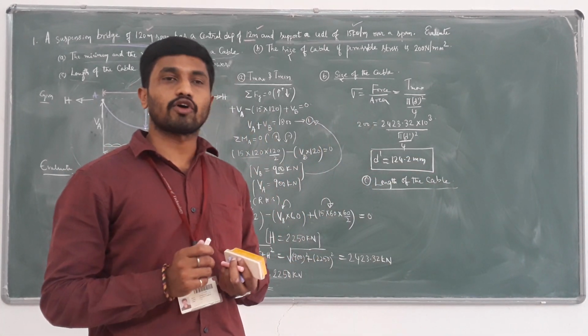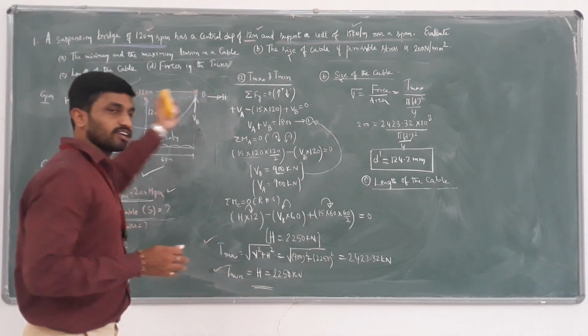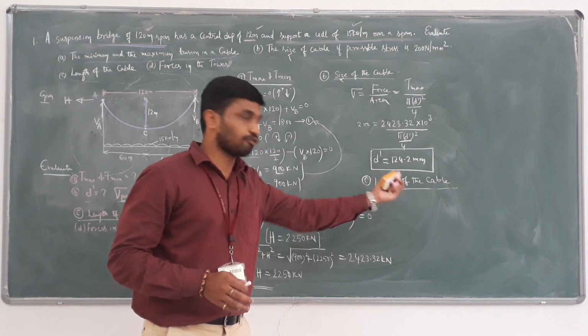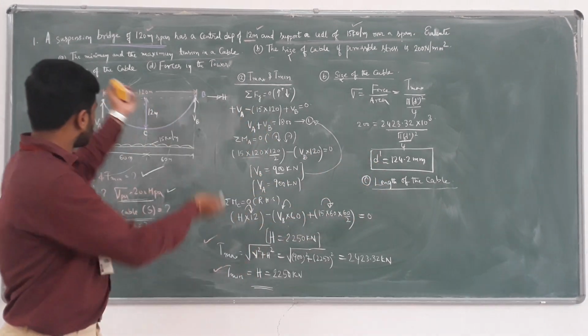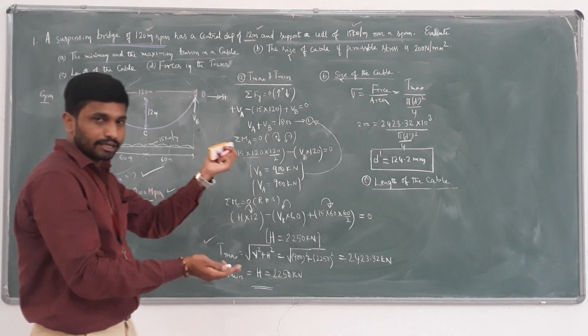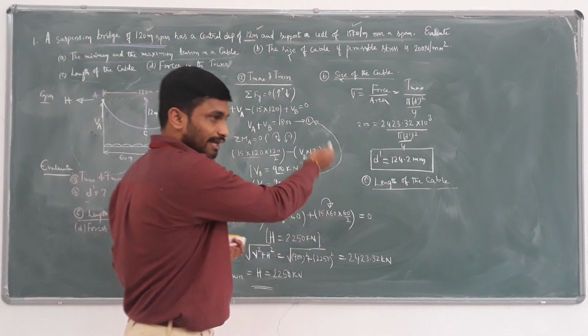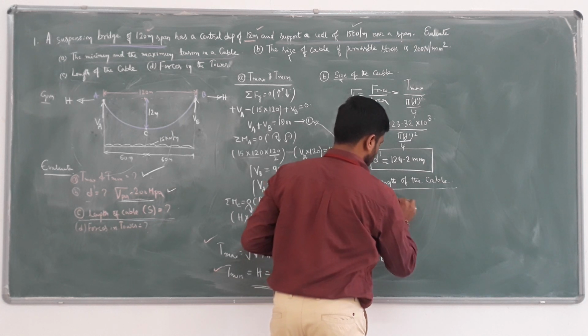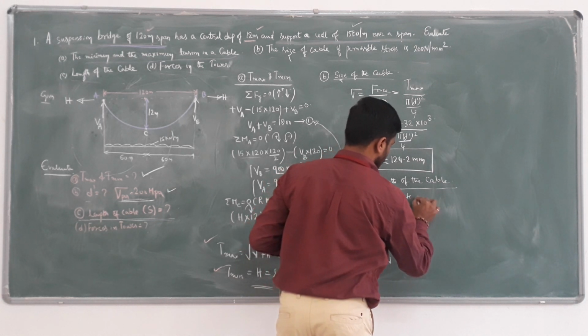In the previous class I also discussed supports at the same level. What is the equation of S to compute the length of the cable? If the supports are at different levels, we have a different equation. So this is for the length with supports at the same level.